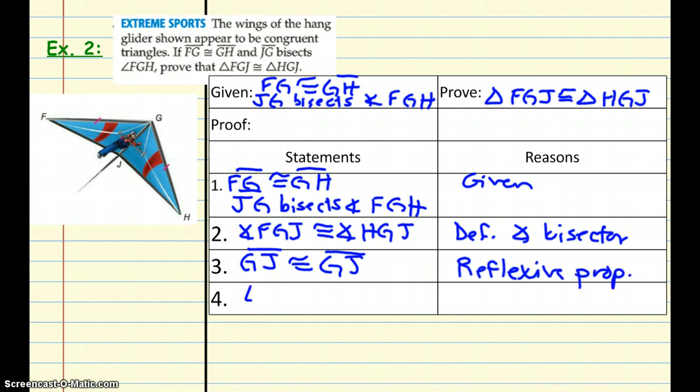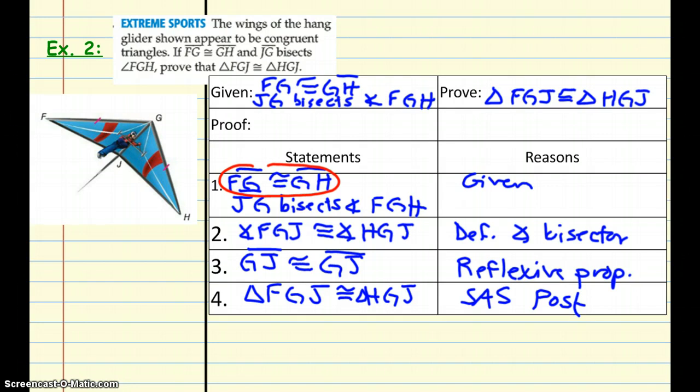And then therefore we can say triangle FGJ is congruent to triangle HGJ, again by the side angle side postulate. Now where are those side angle side parts? The first one comes up here with what's given. FG is congruent to GH is here.